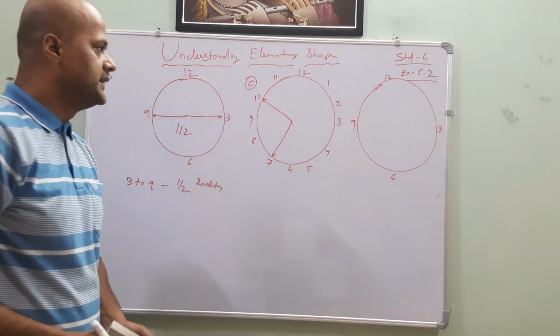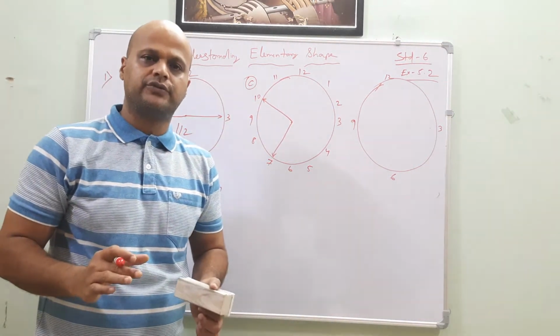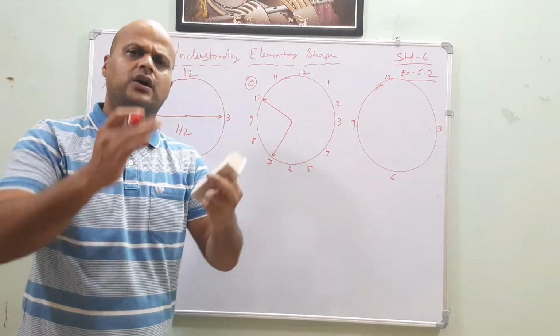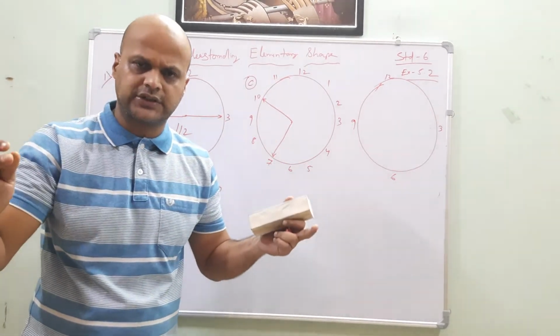Now in this case it is difficult for some of you: should I divide the circle into 4 halves, or what?